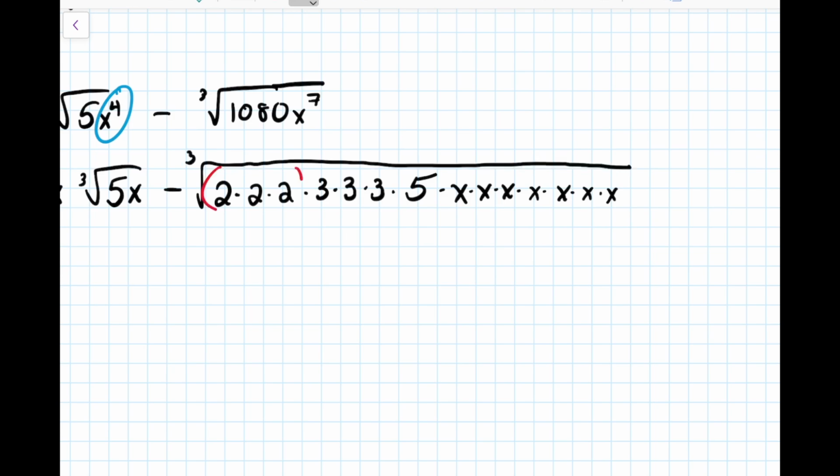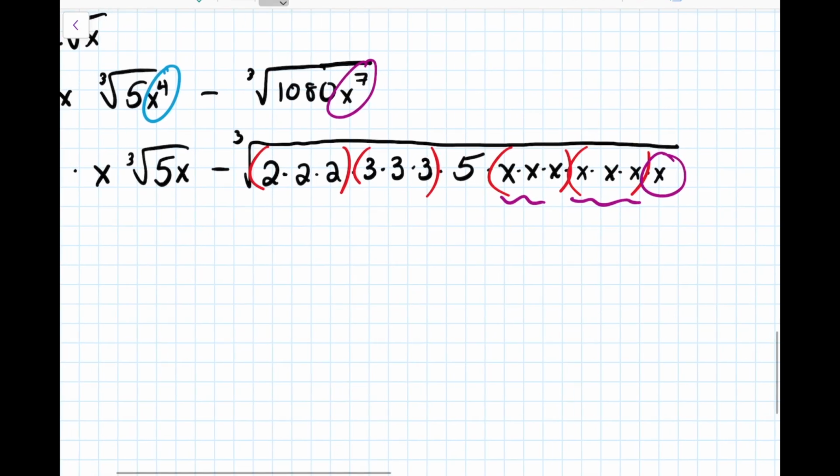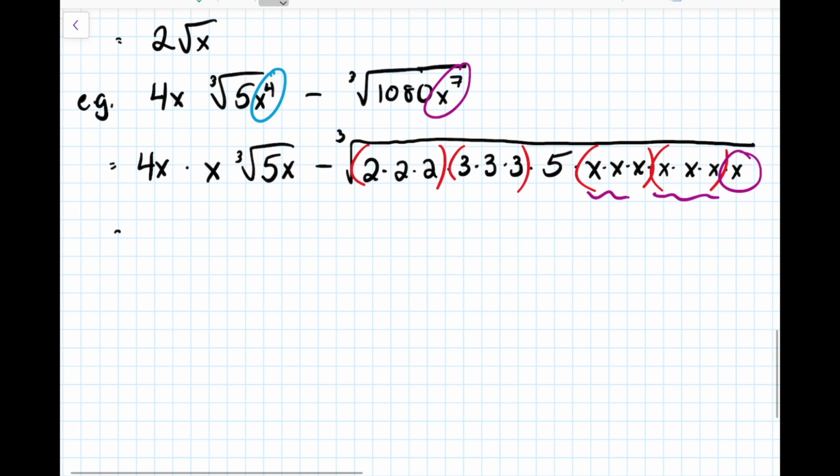So we got a group of 3 2s, a group of 3 3s, and 2 groups of 3 x's. And so again, you could also just look at that x to the power of 7 and say, okay, well, 3 is going to go into 7 2 times, which gets me my 2 groups, and there's going to be 1 left over. So you wouldn't have to break down all of those x's individually. So what we're left with here is we've got 4x squared cube root 5x.